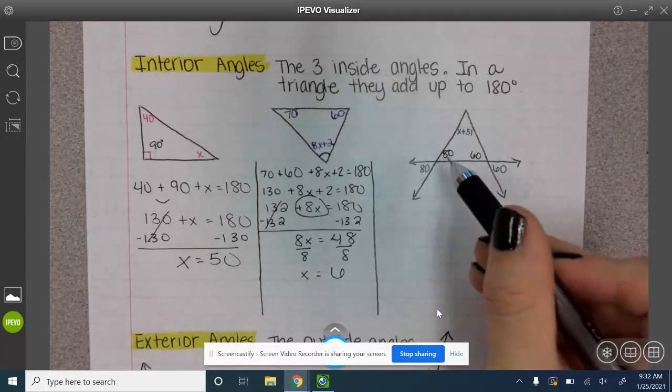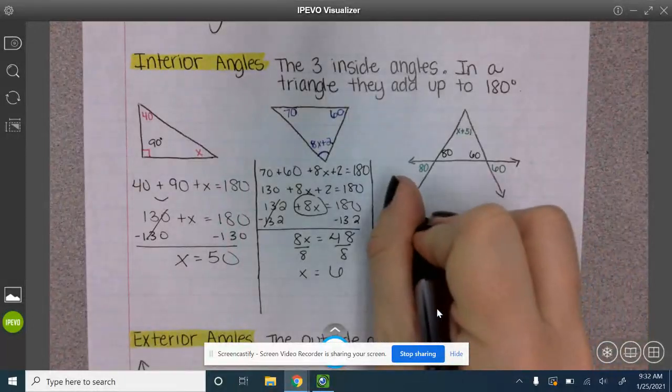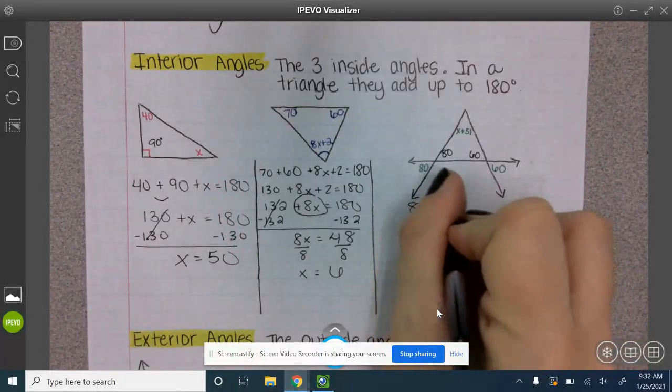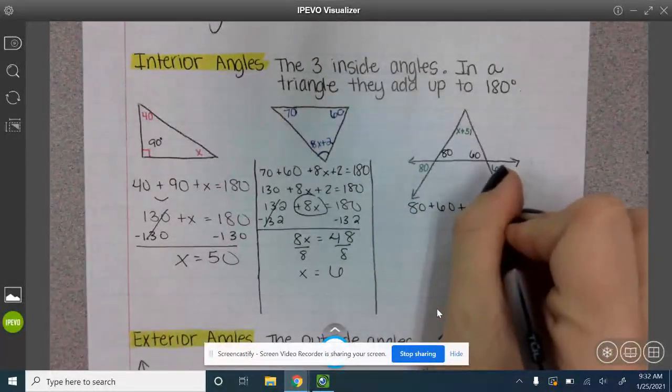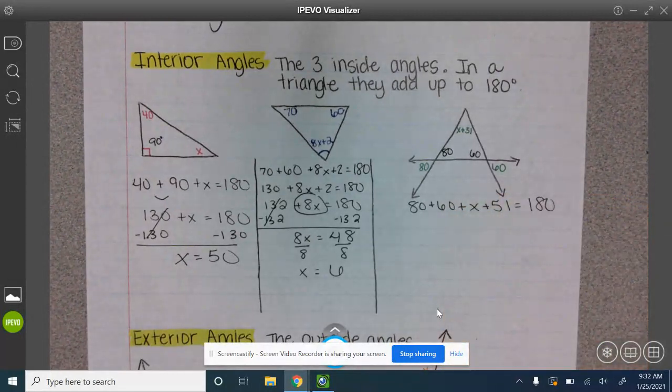So now I have angles of 80, 60, and x plus 51. So 80 plus 60 plus x plus 51 equals 180 degrees.